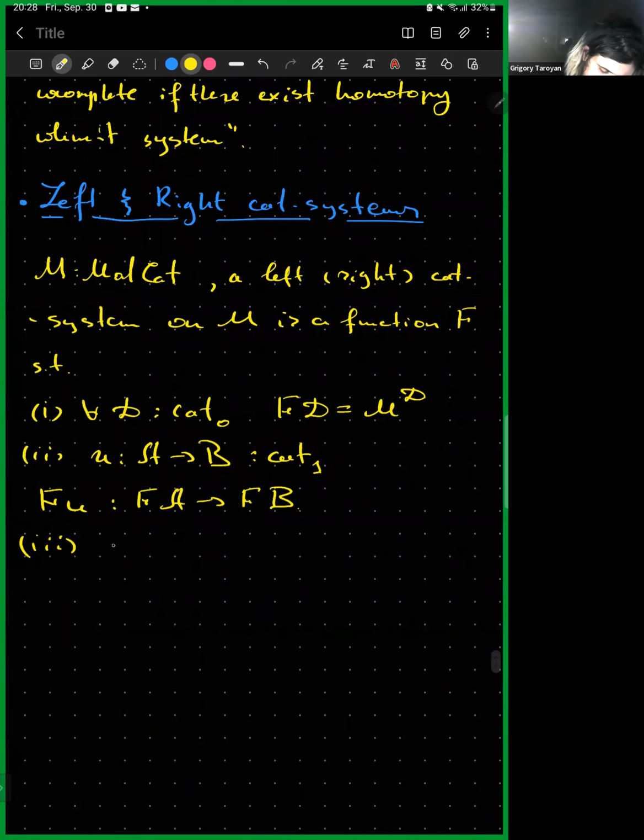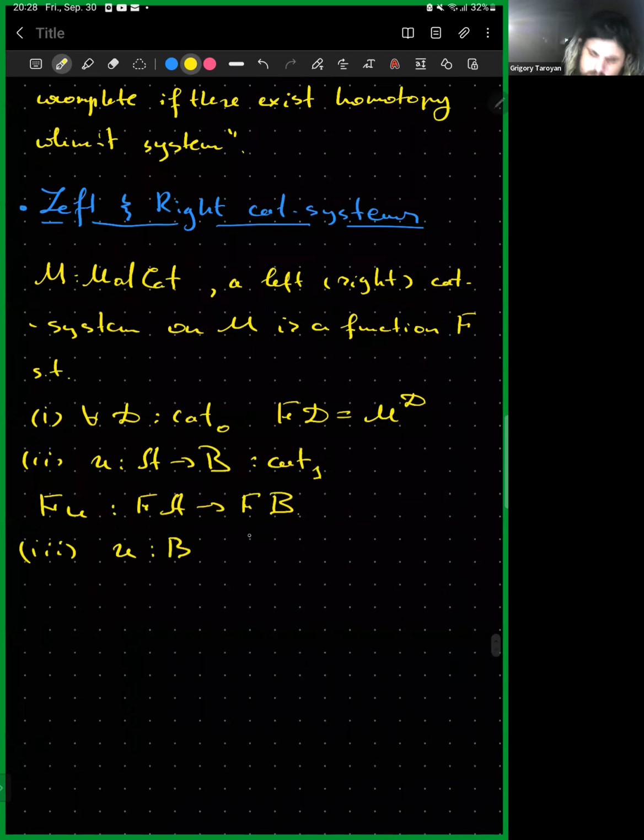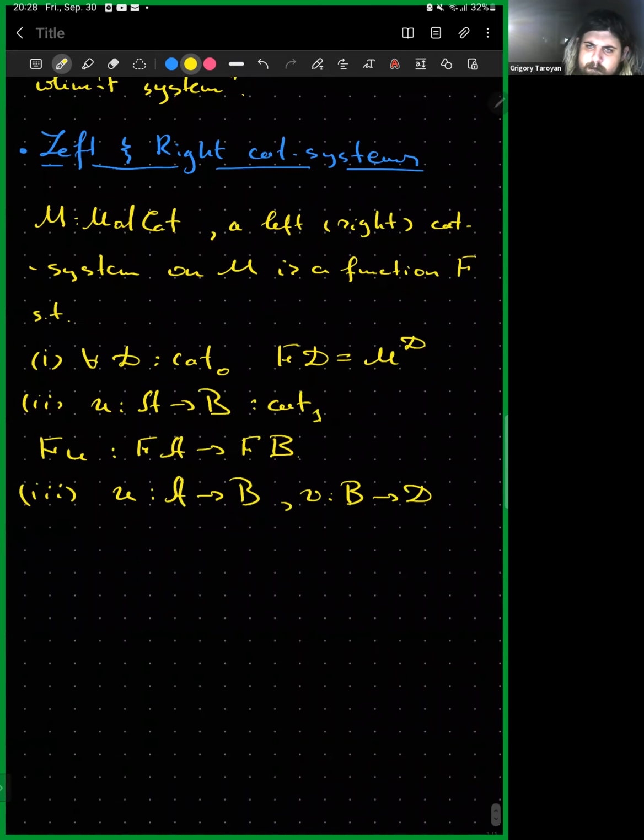And if we have a composable pair of functors, then we should have an actual weak equivalence called composer.